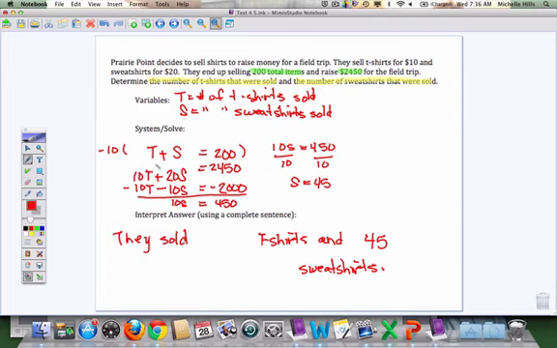Well, once I know s is 45, I'm going to go back to the easy equation to use. T plus, instead of s, I'm going to put 45 in its place, equals 200. When I subtract 45 from both sides, I'm going to get t equals 155. So they sold 155 t-shirts and 45 sweatshirts.